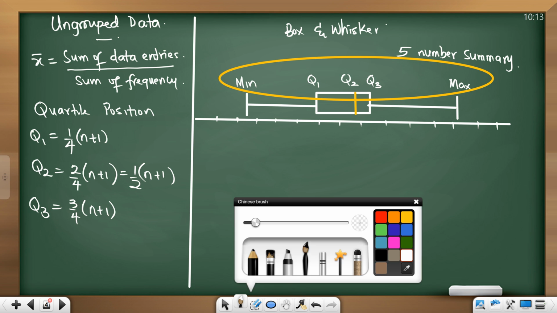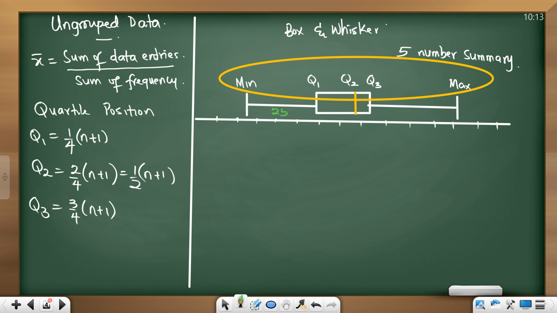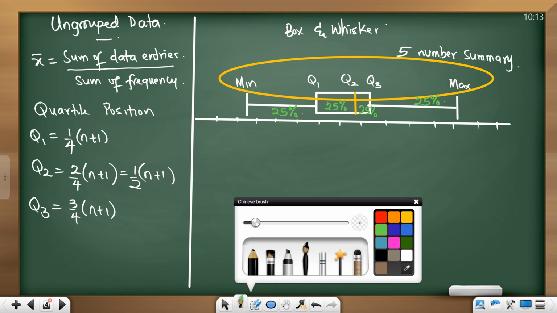But one key thing is to know this, that between each portion is 25%. Between minimum and Q1, 25%. Between Q1 and Q2, another what? 25%. Between Q2 and Q3, another what? 25%. And between Q3 and Q4, or maximum, is that fine with you there?